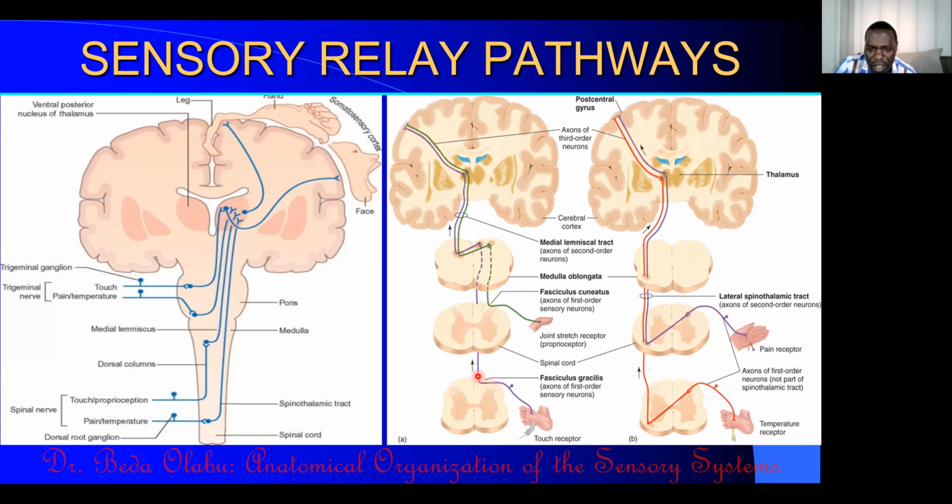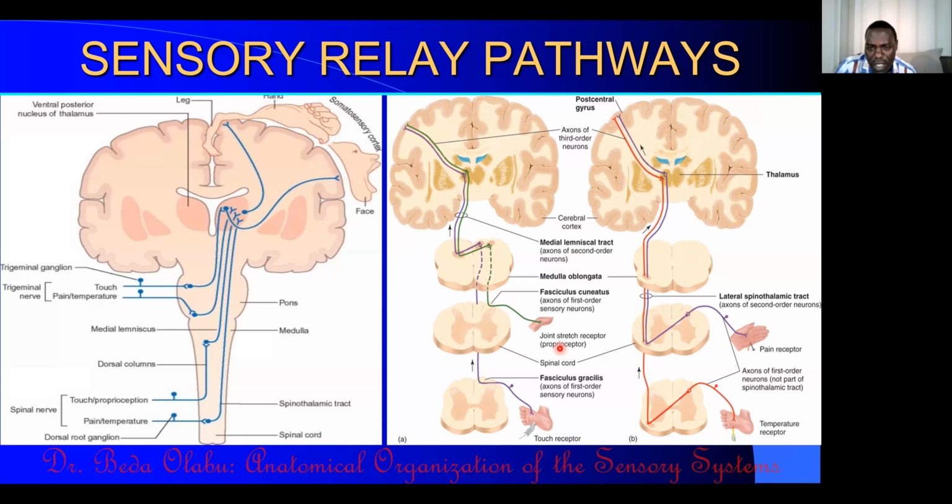They'll climb on the same side of the spinal cord all the way to the medulla oblongata. Remember, I told you that first order sensory neurons can terminate in the spinal cord or brainstem. So these ones terminate in the medulla oblongata. And it doesn't matter whether they come from the upper limb or from the lower limb. That's how they behave, as long as it is fine touch, proprioception, and vibration.